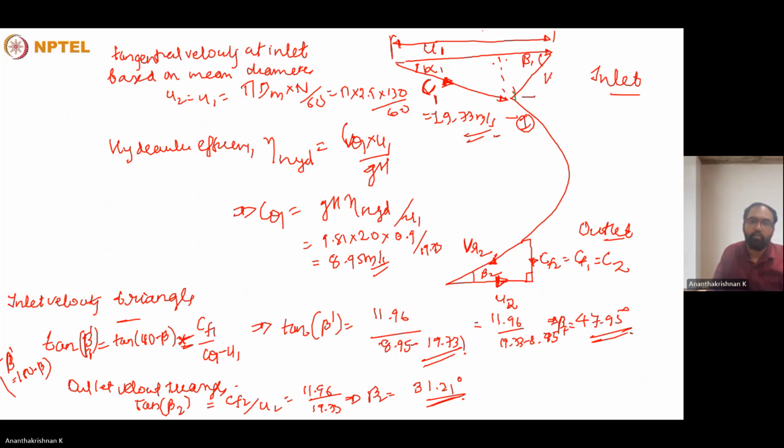This will be VR1 relative velocity term, and this will be CF1, and the quantity from here to here, that is the C theta 1 quantity.